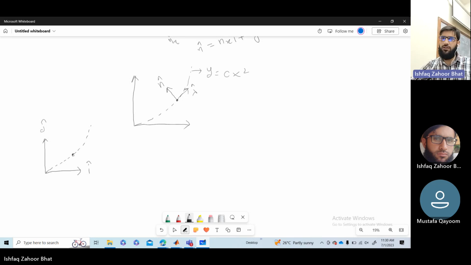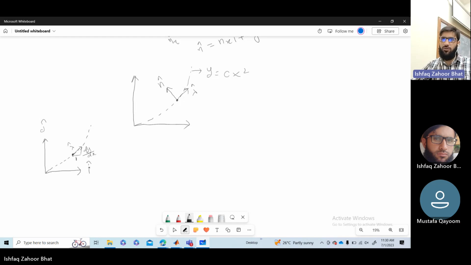If we go in this direction by 1 unit along x, how much will y change? That is called the gradient of the line, known as dy by dx, isn't it? Yes, sir. So if we go along the x-axis by 1, along the y-axis dy by dx will be the change. This is nothing but our lambda cap.